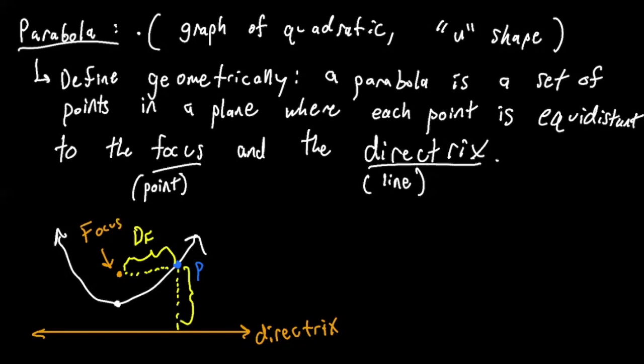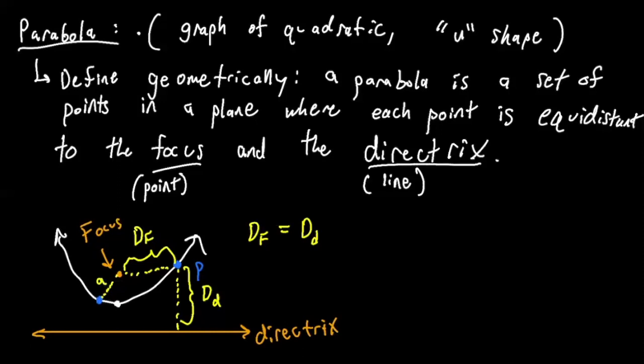My drawing's not perfect, but imagine those are the same distances. So distance from the directrix, smaller d. So d_f is equal to d_d. And that's going to be true for any points that we choose. For example, if we chose a point down here, the distance from that point to the focus is exactly the same.